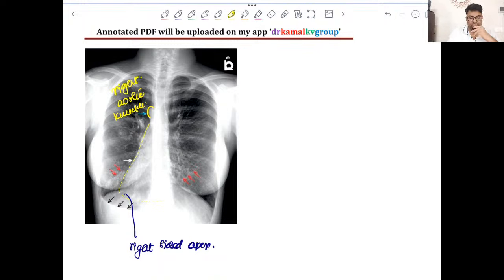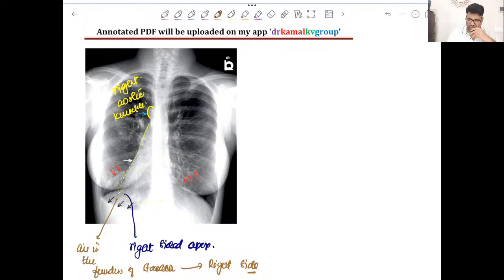Now both these structures are normally on the left side, but here they are on the right side. Then what we can see lower down is the fundus of the stomach, right? Now this is also on the right side. Normally this has to be on the left side, so this is also on the right side, right?